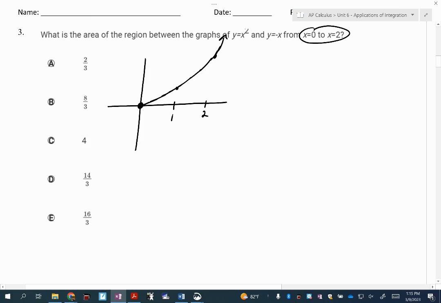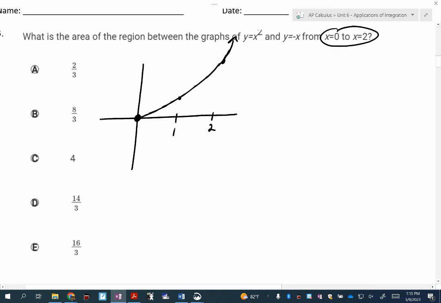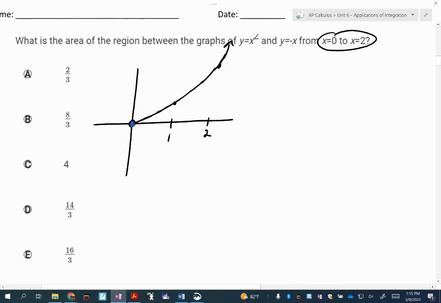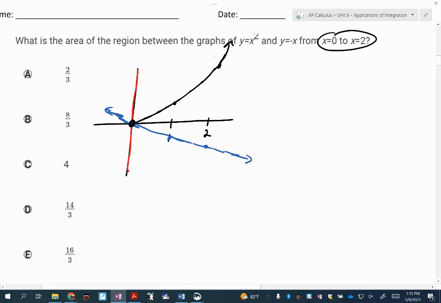Okay, plotting my other line, I've got plugging in 0, I still have 0, 1, negative 1, 2, negative 2. So what you should notice about this is the entire time from 0 to 2, one function is on top of the other, right? So this is what I'm looking at here. The entire time, my curve is on top of my line.